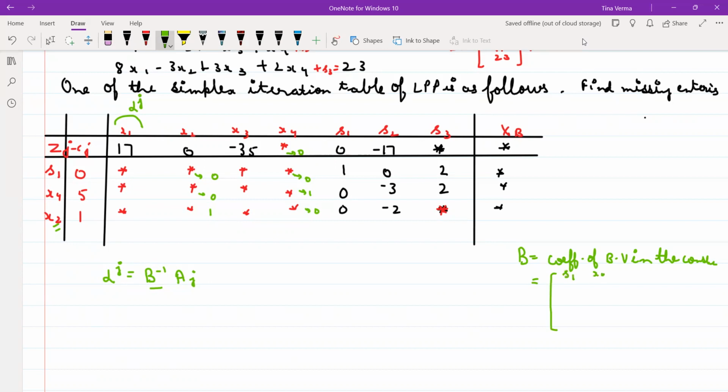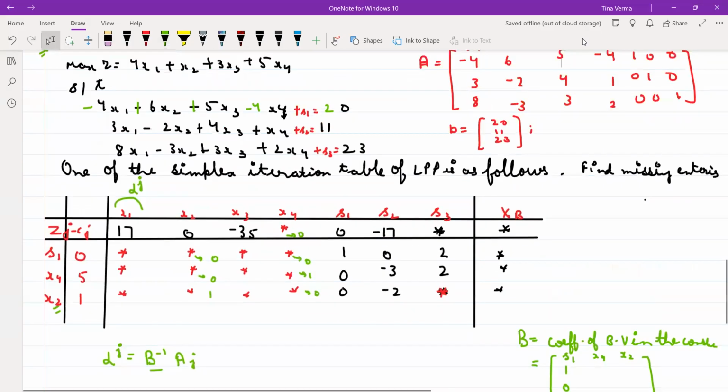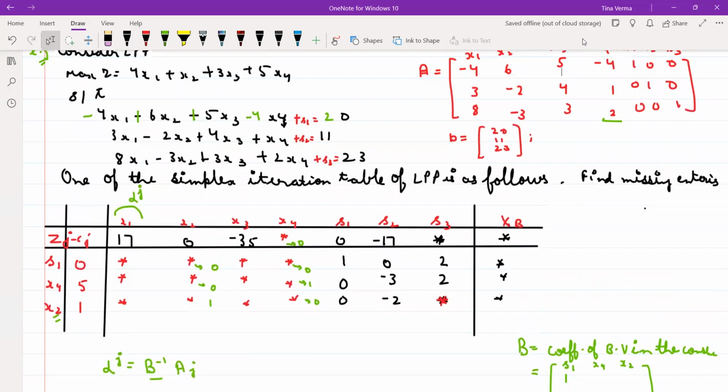S1, X4 and X2. So what will be my B? What is the coefficient of S1? 1 0 0. For X4, write the column from A, that means the column of X4: -4, 1, 2.